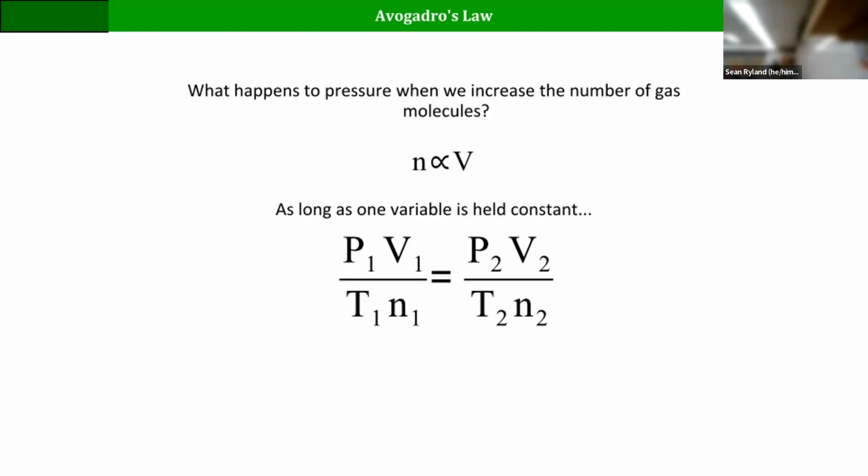Basically, for any gas, if you take the pressure of that gas in atmospheres times the volume of that gas in liters and divide by the temperature in Kelvin and divide by the number of moles, you get the same number. Which seems a little bit weird, right? Turns out that this is kind of like the speed of light. This is one of those fundamental constants of the universe and how probability in our universe works.